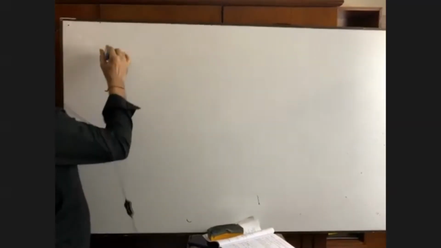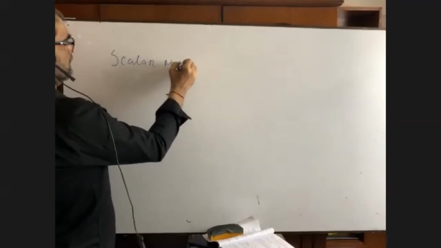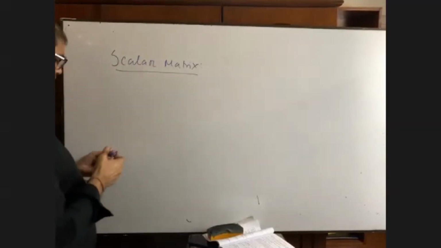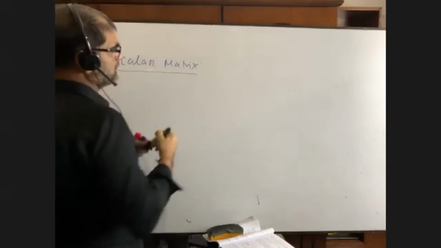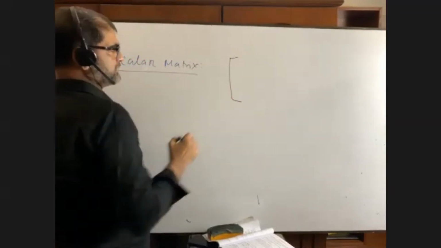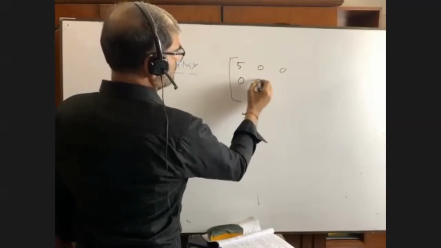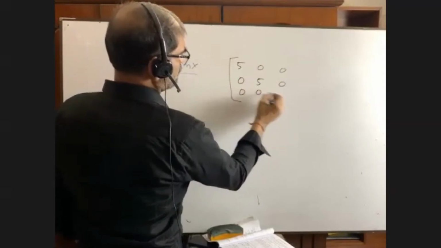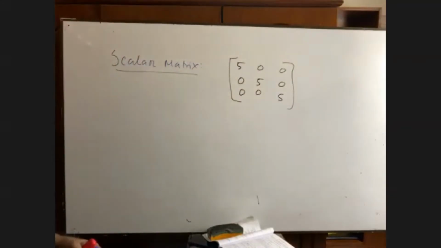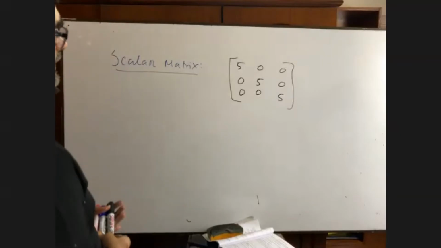You see, a scalar matrix. Very easy and simple. Last time we gave some examples of diagonal matrix. Suppose it is given 5 0 0, 0 5 0, 0 0 5, then it is called a scalar matrix.